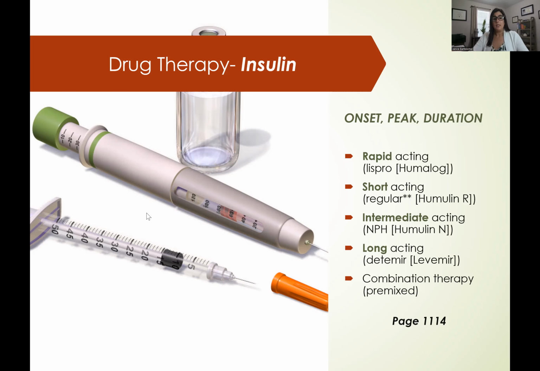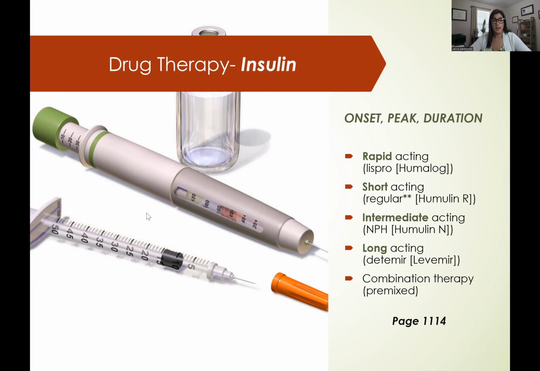Yes, there is some insulin that is combined, could be 2 of these, for example a rapid and an intermediate, or long with something else. But these are your 4 classes: rapid, short, intermediate, and long.